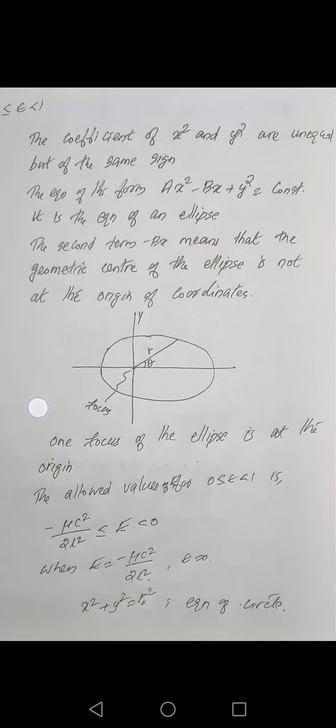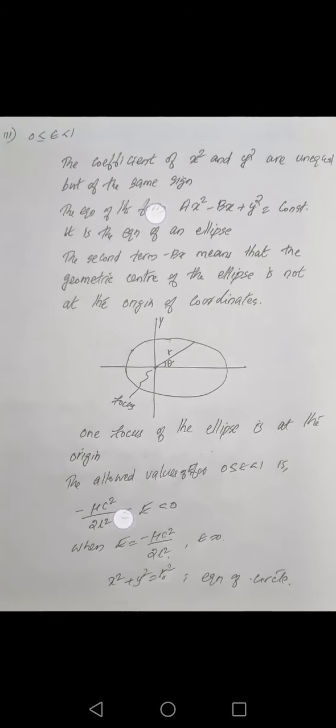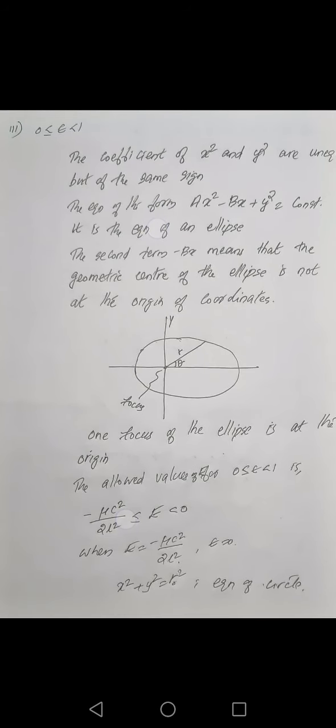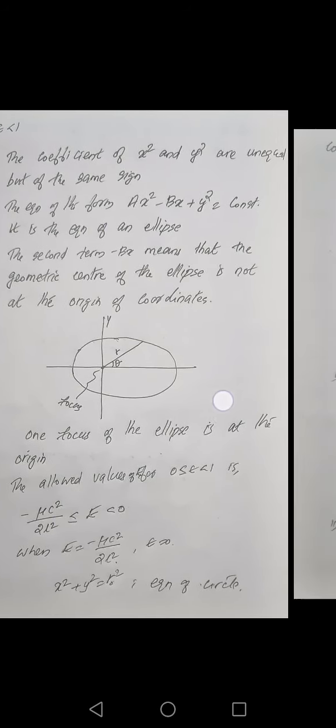So what are the allowed values? Allowed values of epsilon are between 0 and 1. Epsilon is equal to 0 when this term is equal to minus 1, that is E is equal to minus mu c square by 2L square.